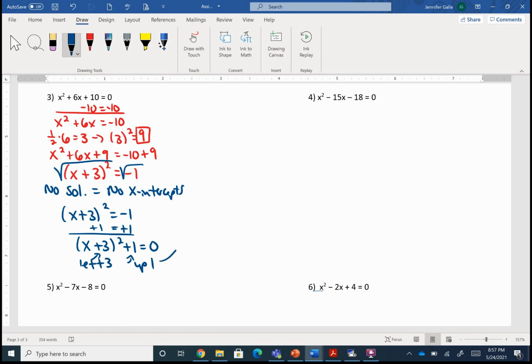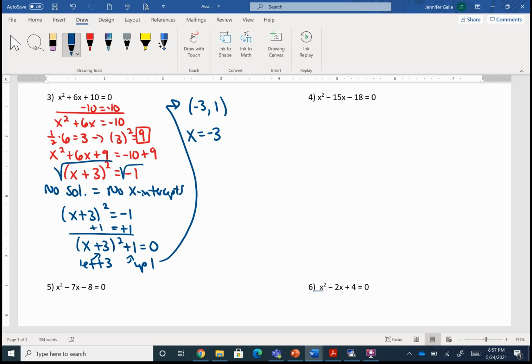So I'm going to go up here where there's more space. So my vertex, the left 3 is negative 3, up 1 is positive 1. Axis of symmetry is x equals negative 3. So even though we didn't have any x-intercepts, we can still find a vertex and axis of symmetry. No x-intercepts would just mean our graph would not touch or cross the x-axis, is all it would mean.